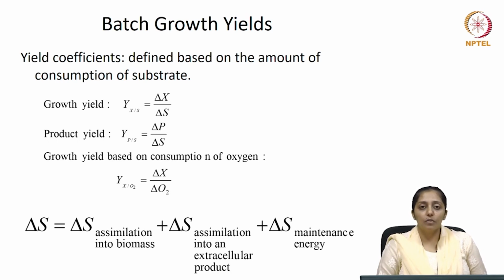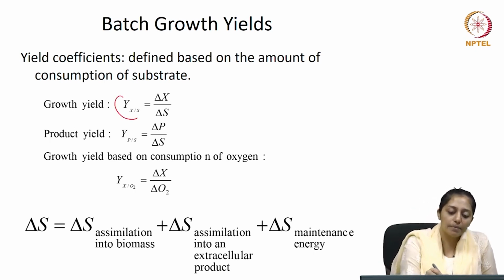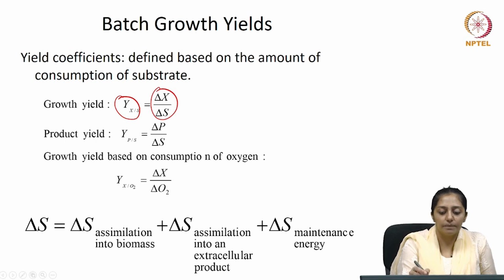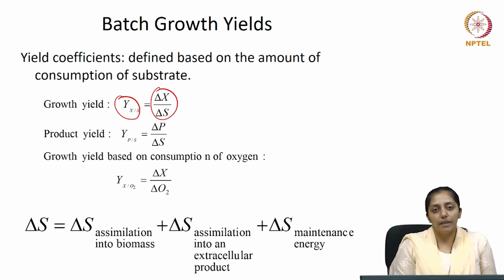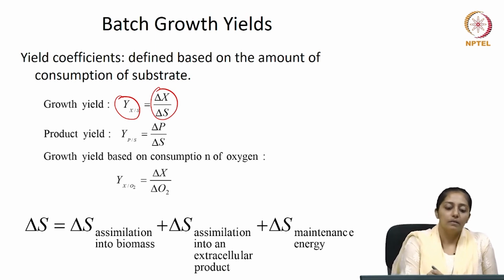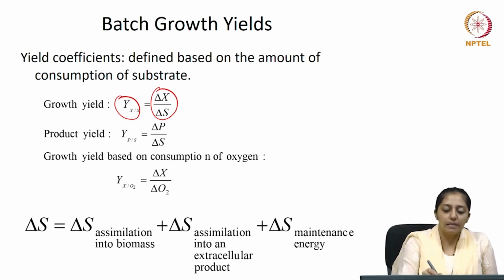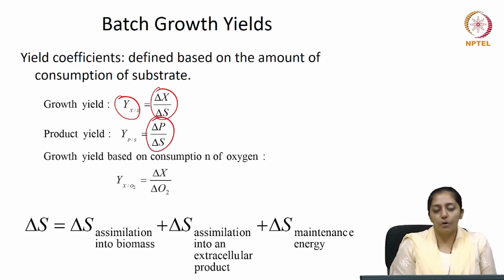When we say the growth yield coefficient, it is termed Yx by S and is given as delta x by delta S. Similarly, the product yield coefficient is given the notation Yp by S and stands for the amount of product produced per unit substrate consumed.